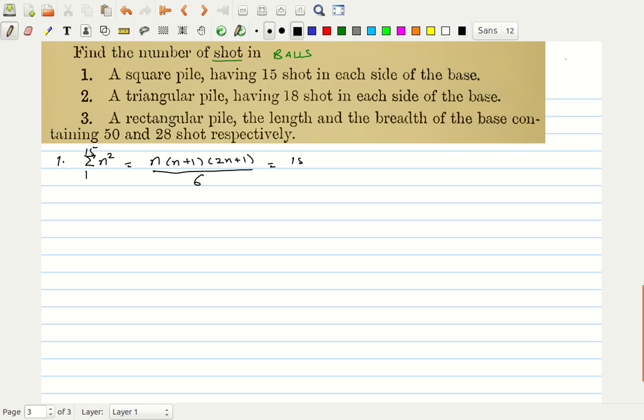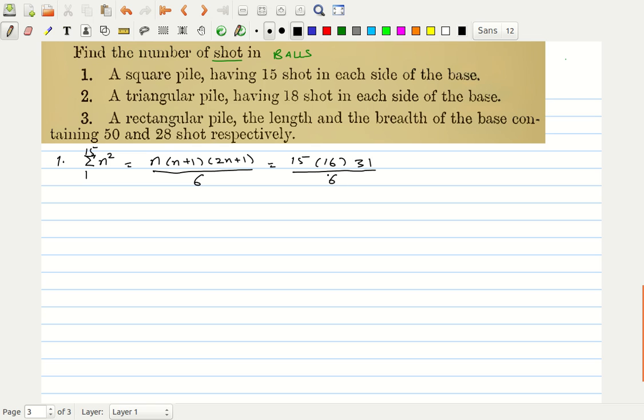You get 15 times 16 times 2 times 15 is 30 plus 1 is 31, divided by 6, right? 15 times 16 times 31 divided by 6.